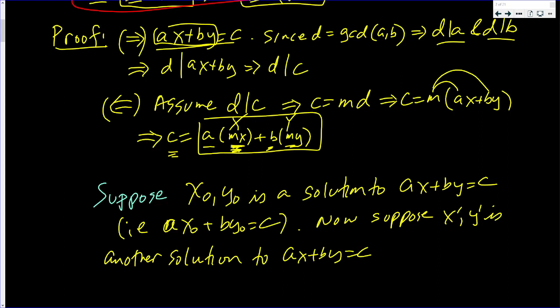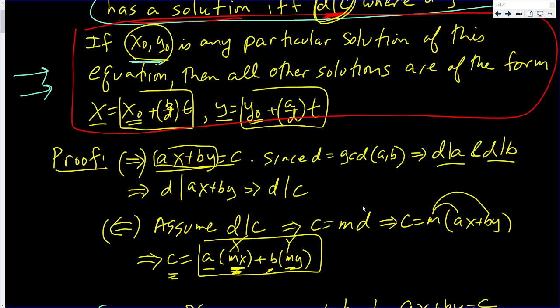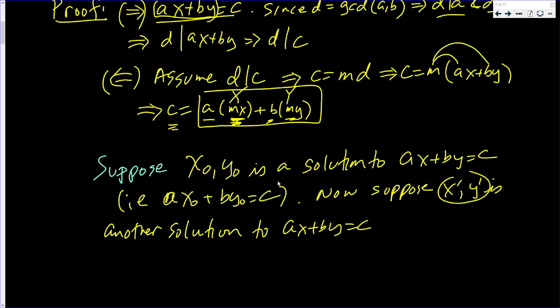And I want to show that x prime, y prime is in this form, where x0, y0 is a solution.